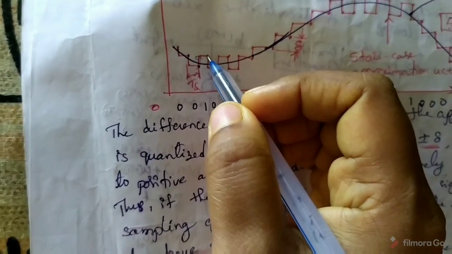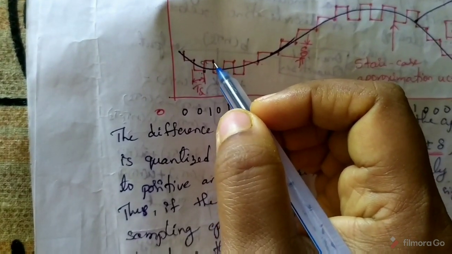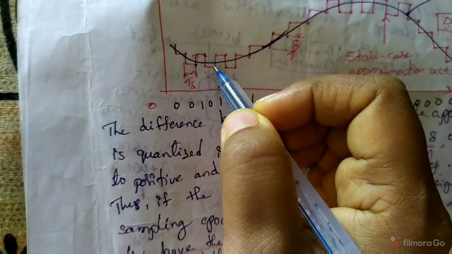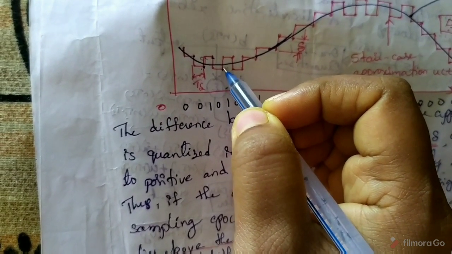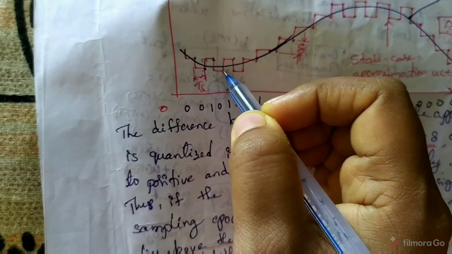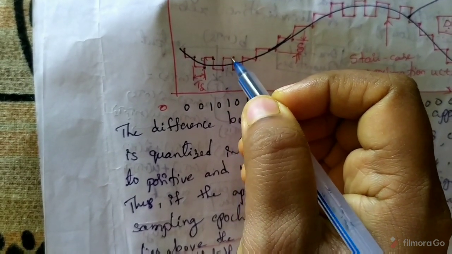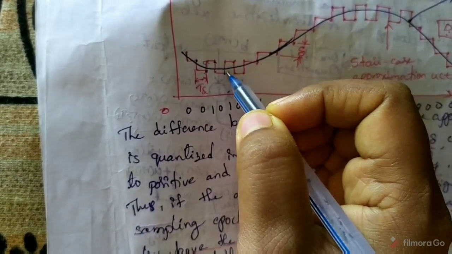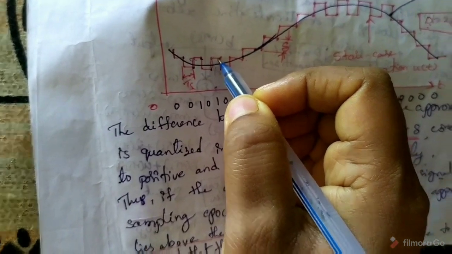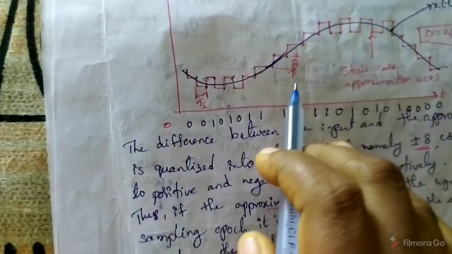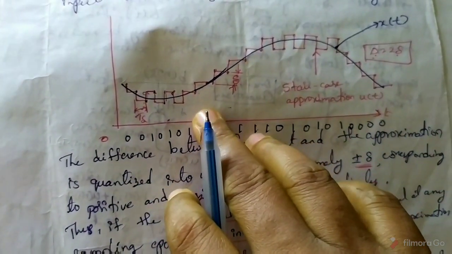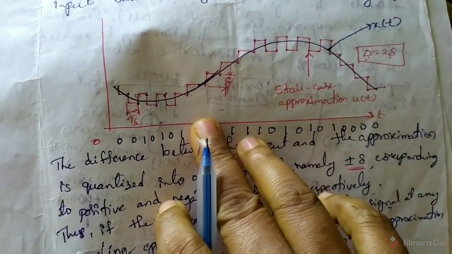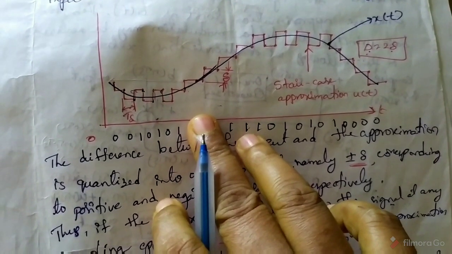Now it is above the input signal, then decreased by minus delta, that is in the form of stair. Next, it is below the input signal, then increased by plus delta in the form of step. Understand this one? Now go through this one for some time, one by one. Check it whether I have drawn correctly or not.